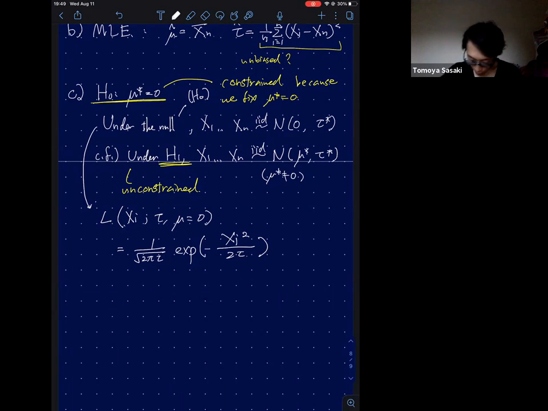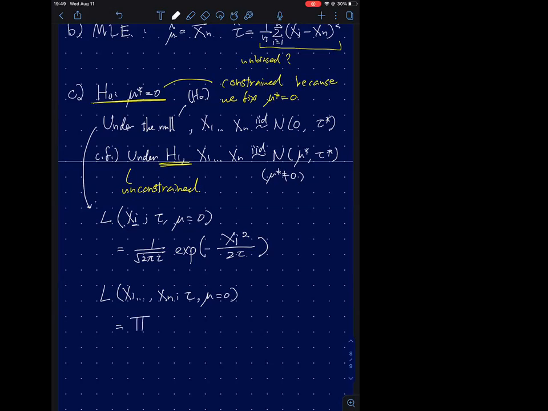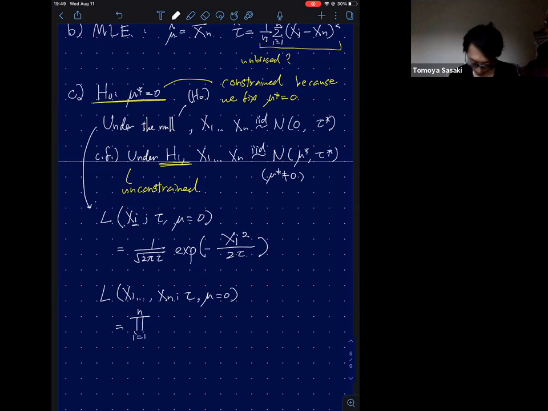And this is for one observation. So for the entire n observations, what we need to do, can someone remind me? The product. Yeah, the product of all n, because it's IID. So we just simply take the product of n observations. And that's our likelihood.